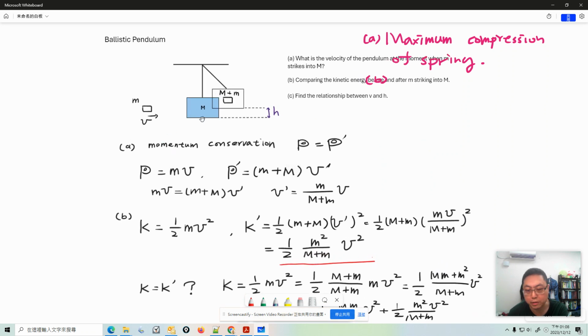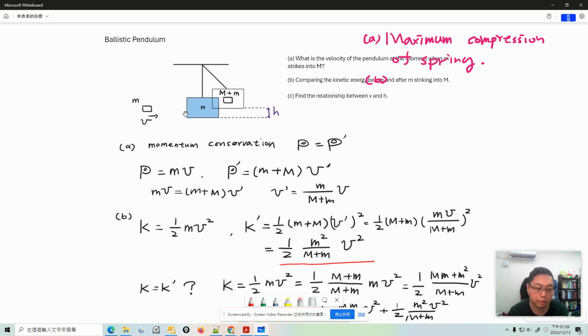First of all, this capital M is at rest initially, and a bullet comes from the left, and after this small m strikes into the capital M, they move together upward. I asked you to calculate the kinetic energy before the strike and after the strike, and we found the kinetic energy is not the same before and after the collision.